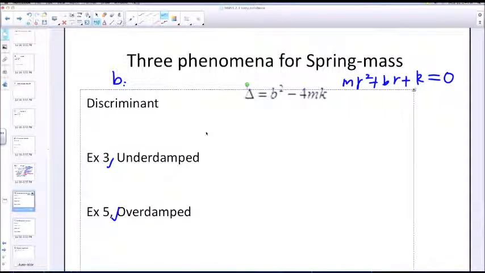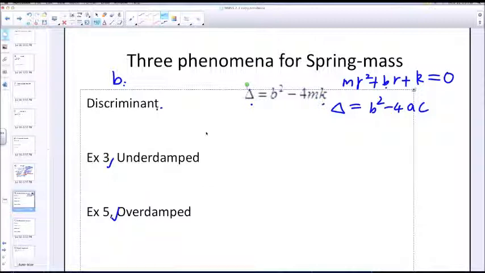If you remember from college algebra or just high school algebra, any quadratic equation has 3 different cases, depending on this delta, which we call the discriminant, which equals b squared minus 4mk. In your formula, maybe you call it b squared minus 4ac. That's the same thing. My a equals m, c equals k.